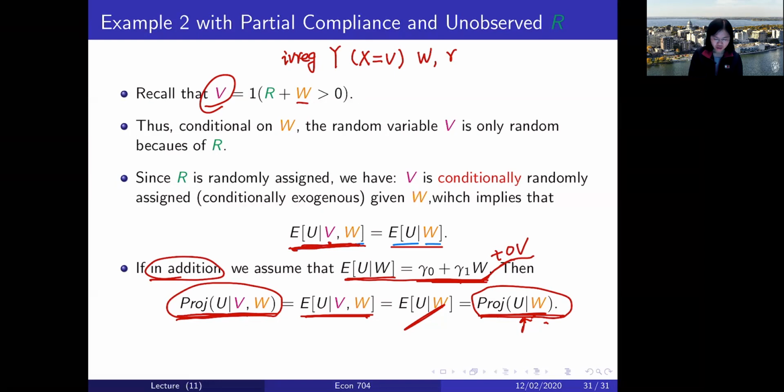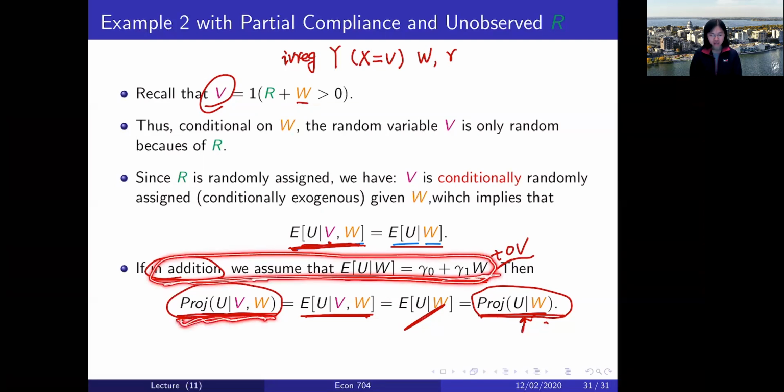Now, let me talk a little bit about this assumption. Do we really need this assumption? Can we simply argue that the projection of U given V and W equals the projection of U given W in this example?